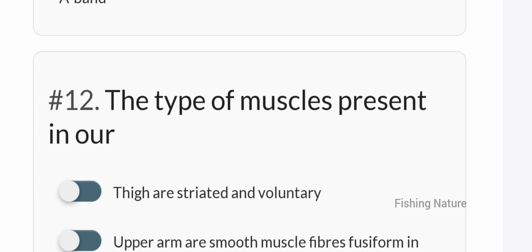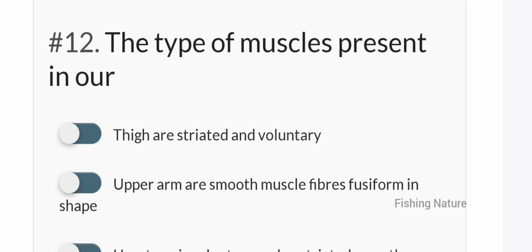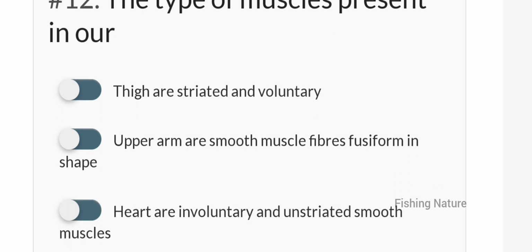Next one, the type of muscles present in our body: the thigh muscles are striated and voluntary, or the upper arm muscles are smooth muscle fibers fusiform in shape, or the heart muscles are involuntary and unstriated smooth muscles, or the intestine muscles are striated and involuntary. It is the thigh muscles are striated and voluntary.